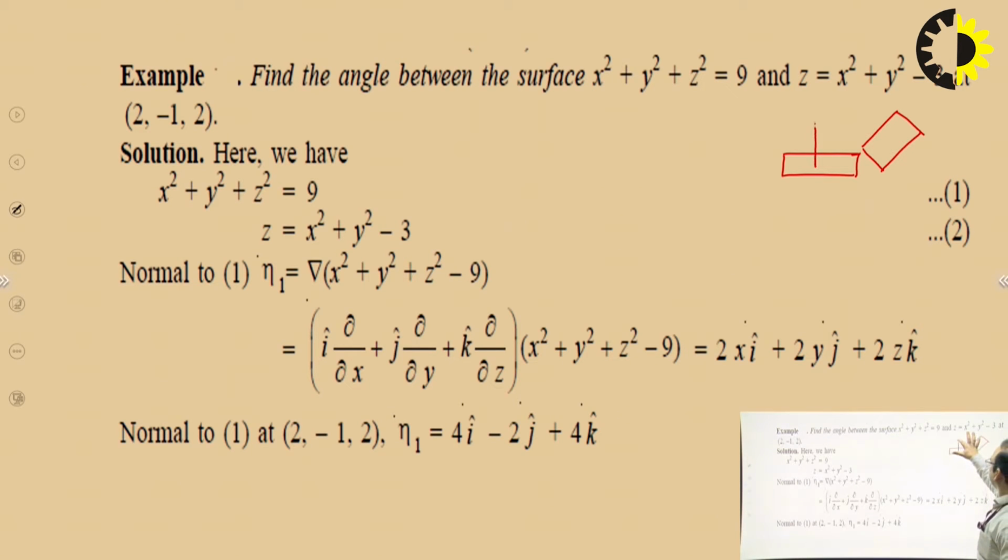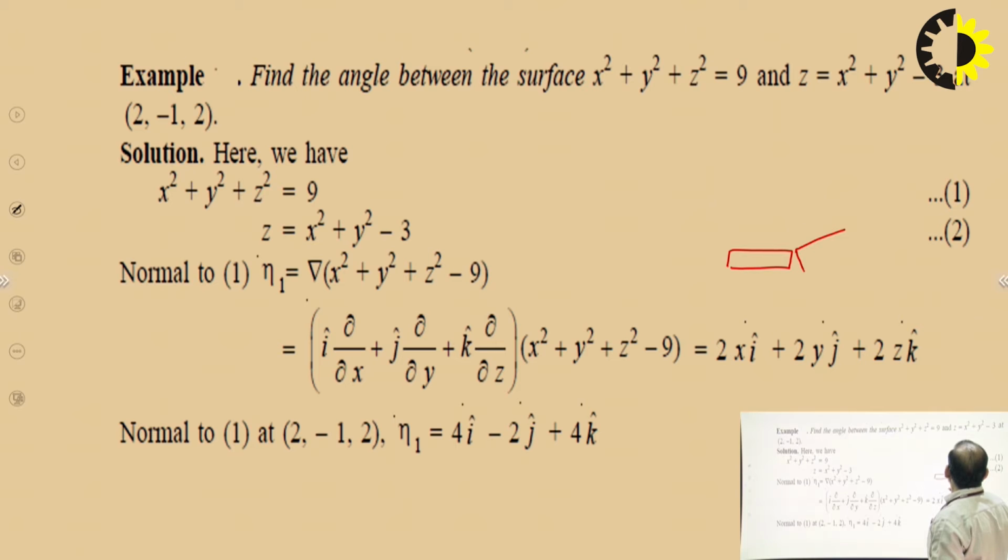Suppose this is a surface and this is another surface. We want to determine the angle between these two surfaces, so we have to determine the normal vectors to these surfaces. This is n1, this is n2.